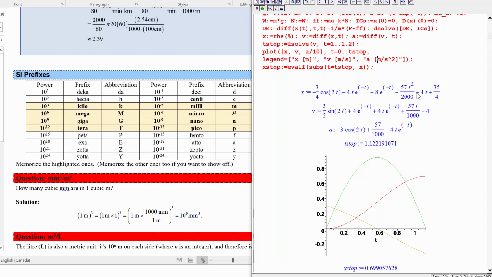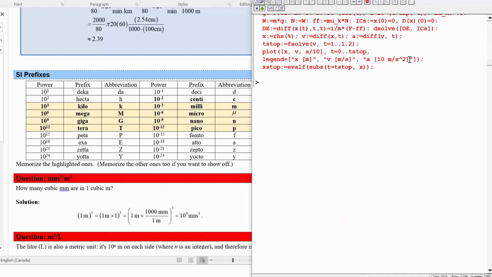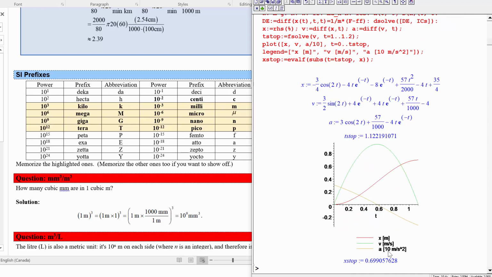So to be technically correct here, we could go DAM per second squared, decameters per second squared. But if that's a little bit obscure and confusing, you could just say in 10 meters per second squared to be a little bit more clear. Up to you. So this shows you that it's in tens of meters per second squared.